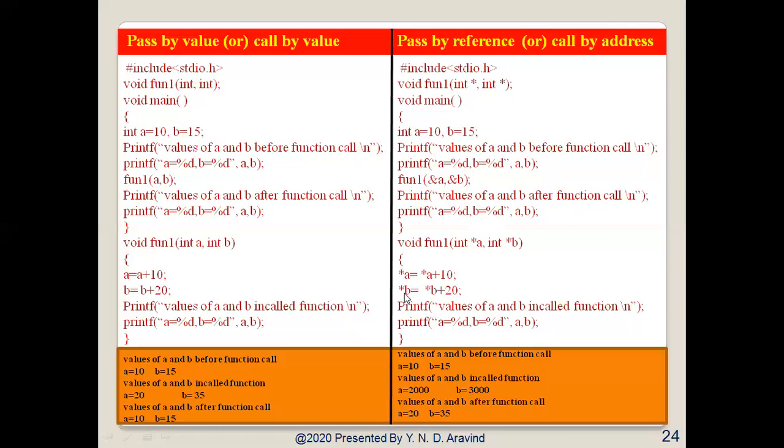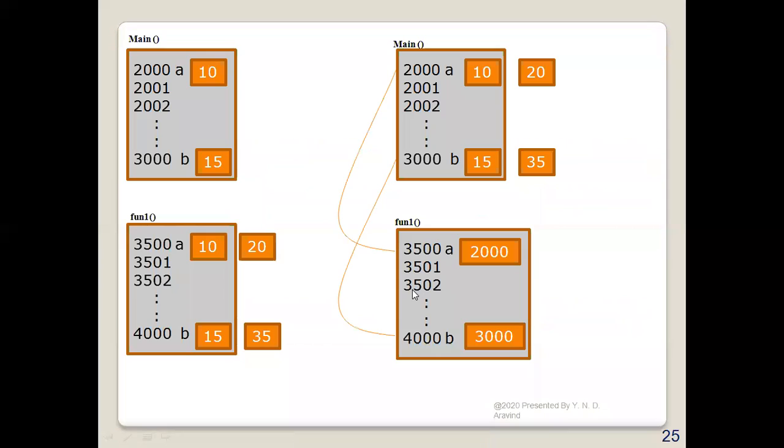In a similar fashion, see here. A is having an address of 2000 and B is having an address of 3000. Now I am sending the address of A. What is the address of A? 2000. That 2000 I am sending into this variable in the function. So A will have 2000. What is A?